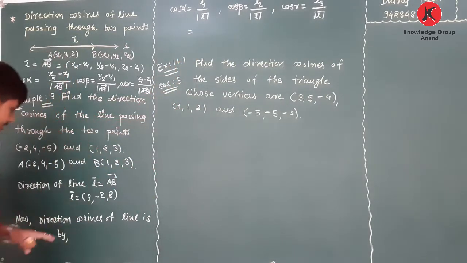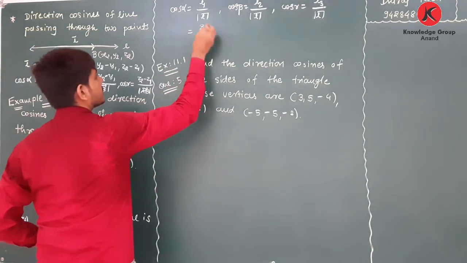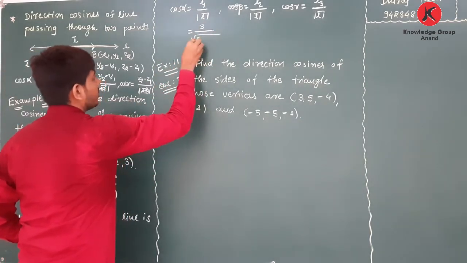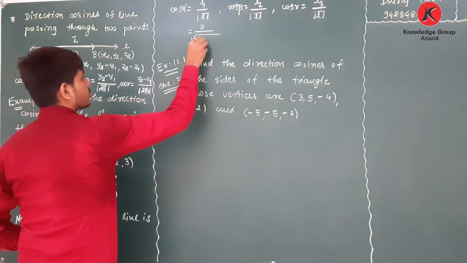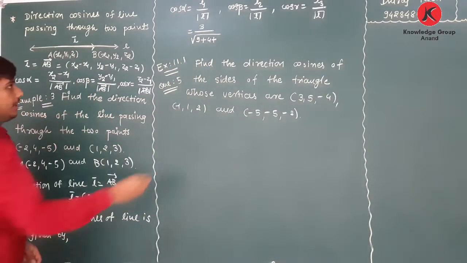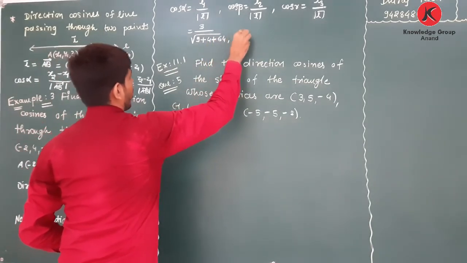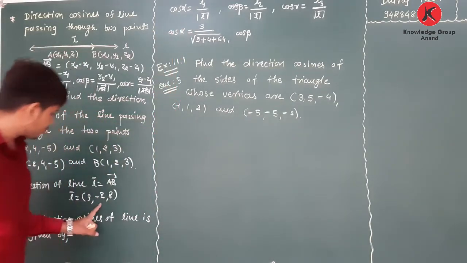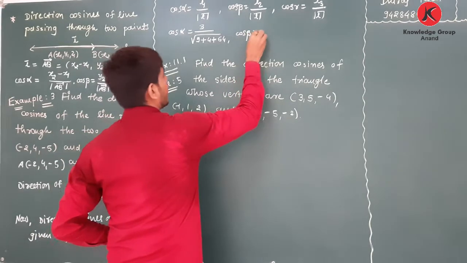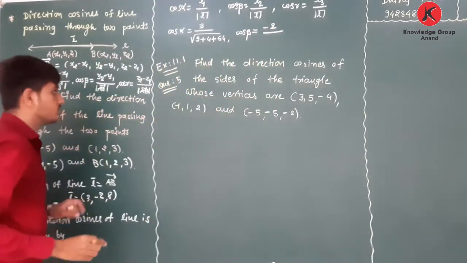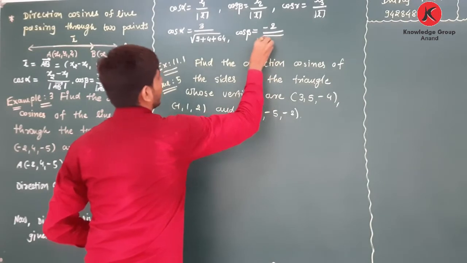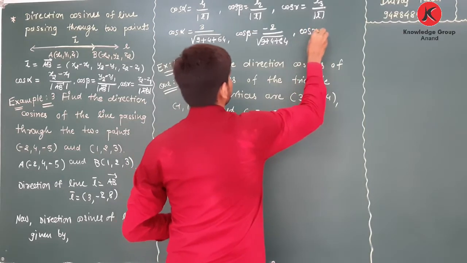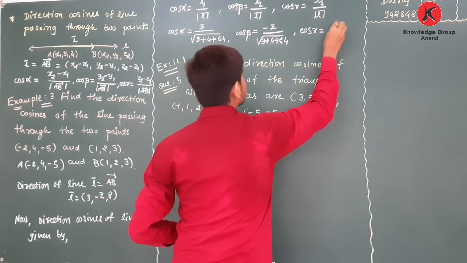Here L1 is 3, divided by the magnitude of vector L. Magnitude of vector L means under root of 9 plus minus 2 squared, 4, plus 8 squared, 64. Same as cos beta, which equals L2, here minus 2, divided by the magnitude, under root of 9 plus 4 plus 64, and cos gamma equals L3. Here L3 is 8.